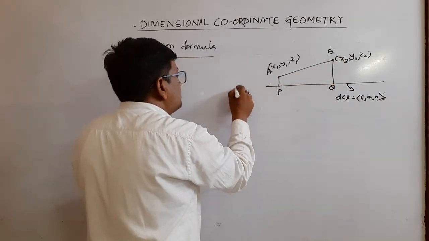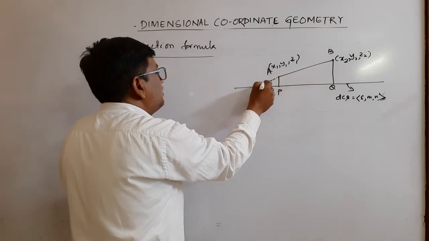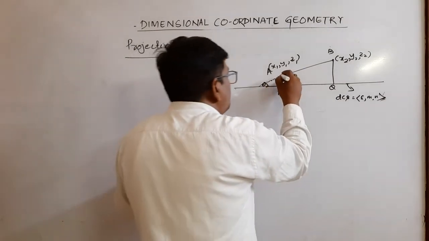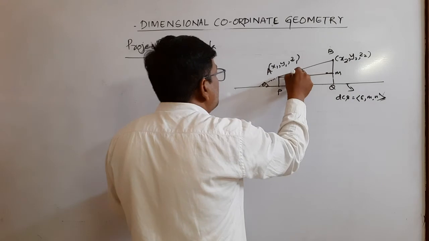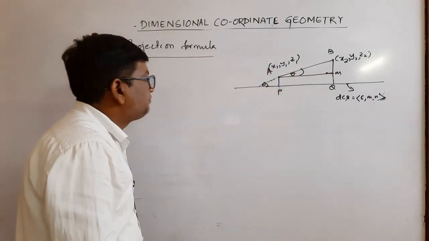Now this line is extended here and here. If theta is the angle between the line segment and the line, draw the perpendicular here. Suppose this is M, this is also theta.